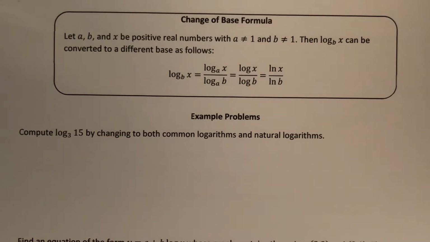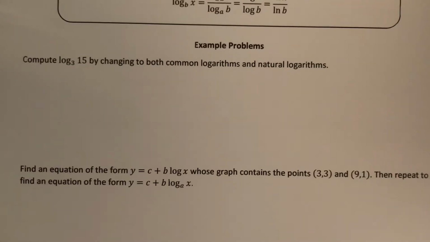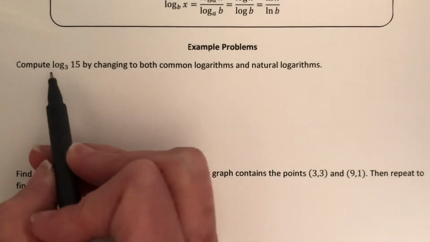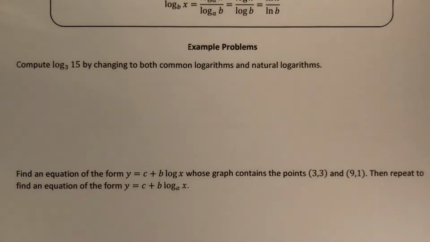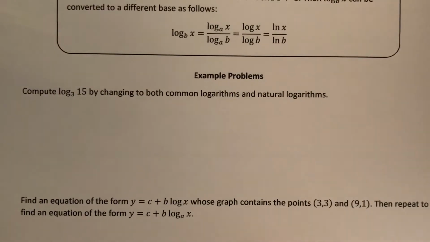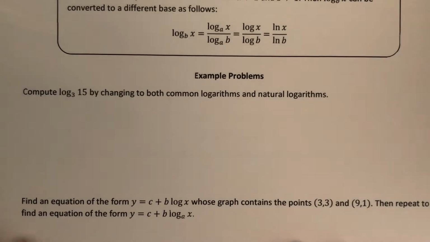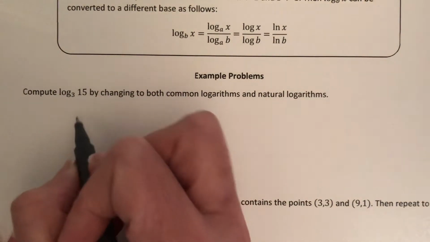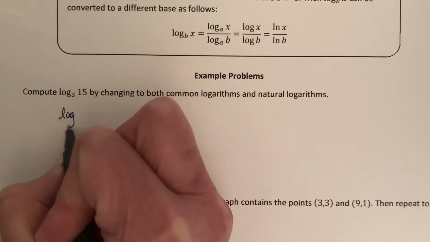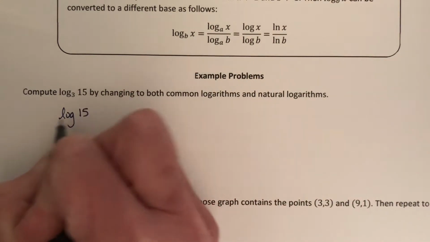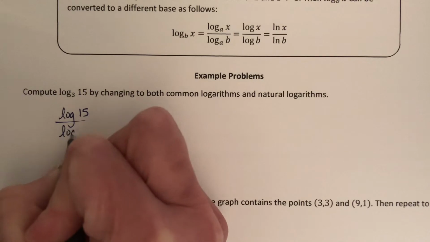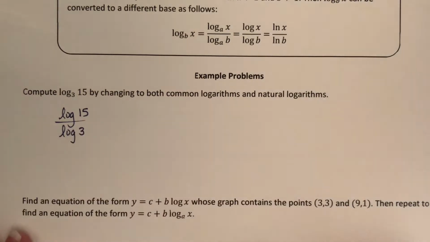Okay? So let's compute log base 3 of 15 by changing to both common logs and natural logs, and then we can use our calculator to see that we get the same answer. So if I want to convert this to common log, log of the argument over log of your base.